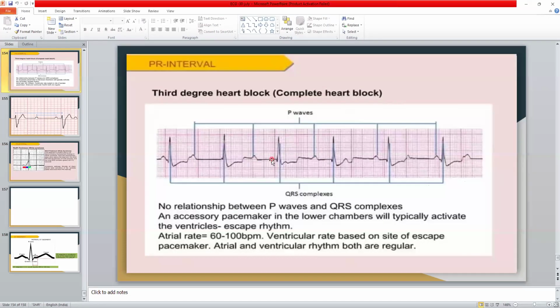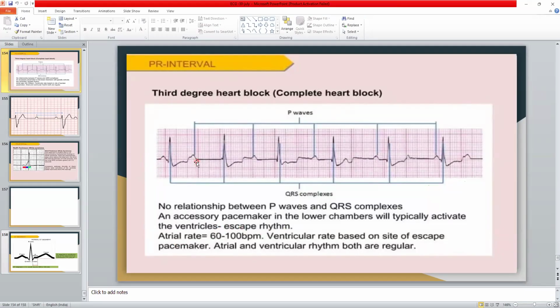There are accessory pathways and an accessory pacemaker in the lower chambers, that is the left ventricle and the right ventricle, which causes the depolarization of the ventricles, causing an escape rhythm.